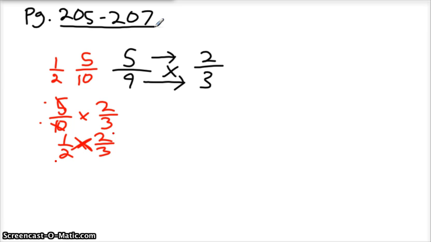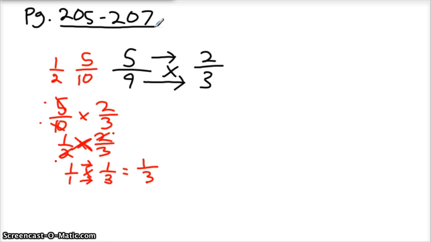We end up with just 1. So we end up with 1 over 1 times 1 over 3. Just to double check, remember multiply across: 1 times 1 is 1, and 1 times 3 is 3. So you end up with 1/3.